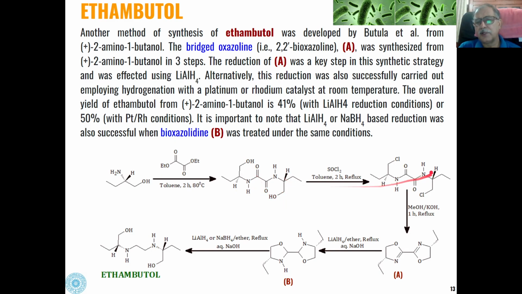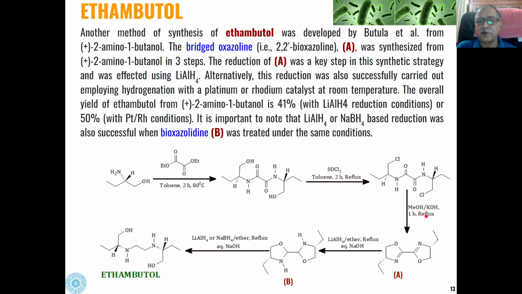alcohols are converted into corresponding chloro groups on reaction with thionyl chloride, and then these chloro derivatives undergo cyclization in presence of basic medium, that is potassium hydroxide in methanol.